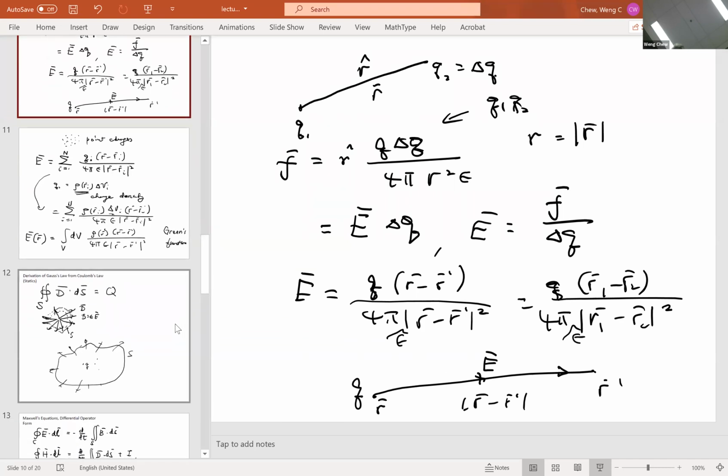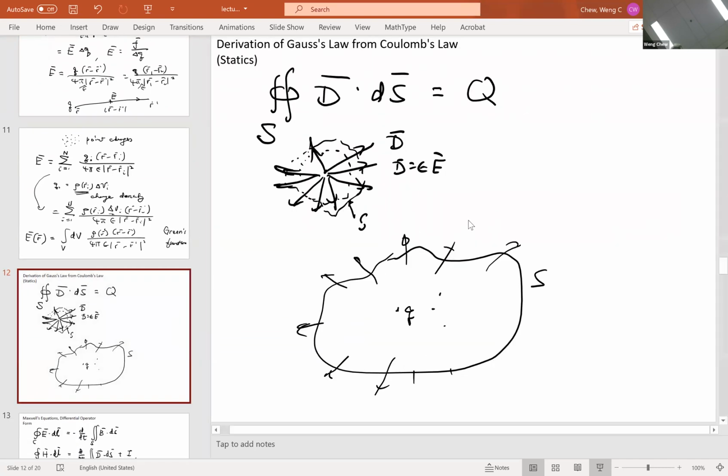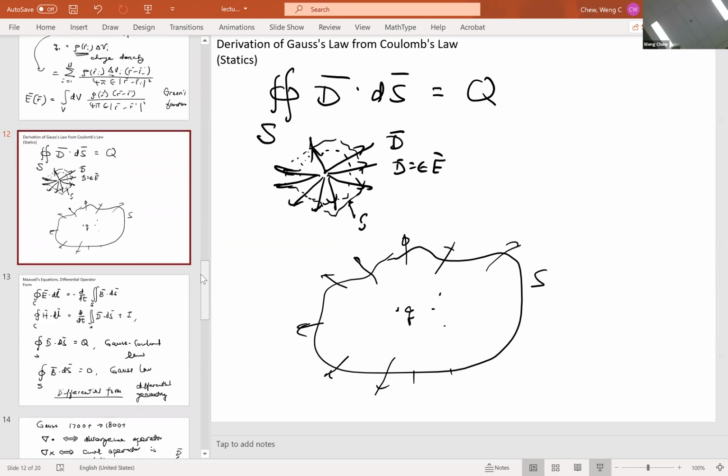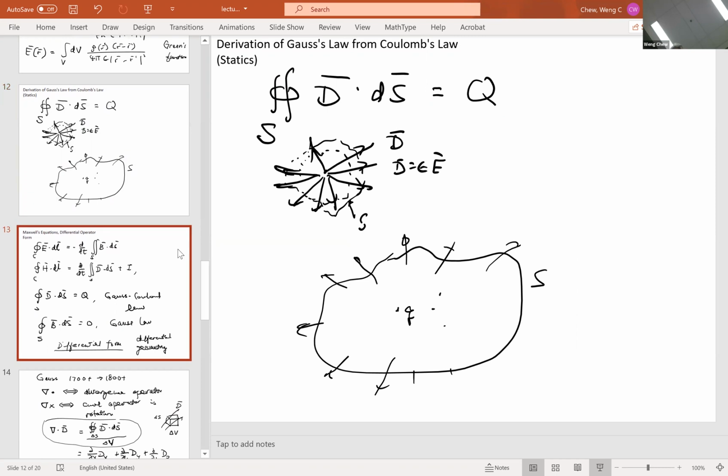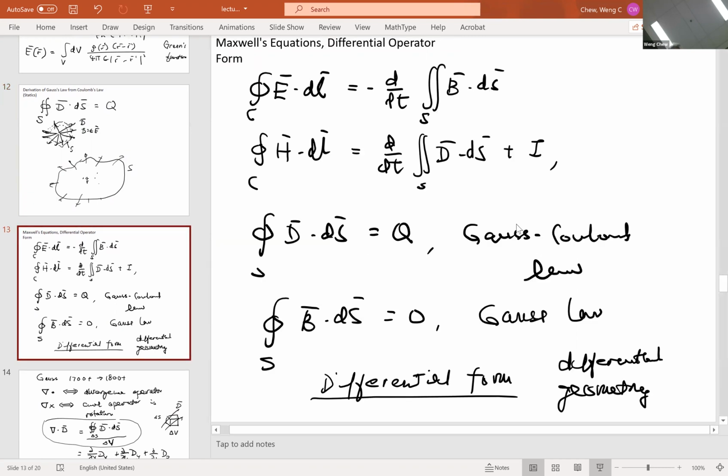And then we go about trying to ascribe Coulomb's law as coming from Coulomb's original law. We argue this is true, but it's derived in greater detail in the lecture notes. And then we say these are Maxwell's equations in integral form.